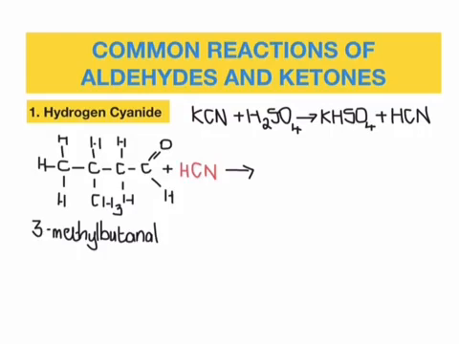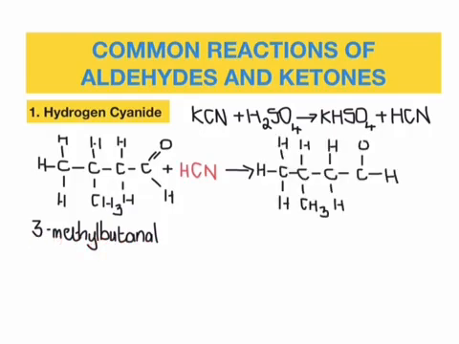Now we're first of all going to look at a reaction between an aldehyde and hydrogen cyanide, and the aldehyde that I have chosen is 3-methylbutanal. The aldehyde group is position number 1, so 1, 2, 3, 4, so it is butanal. And then the methyl group is on carbon number 3, so it is 3-methylbutanal.